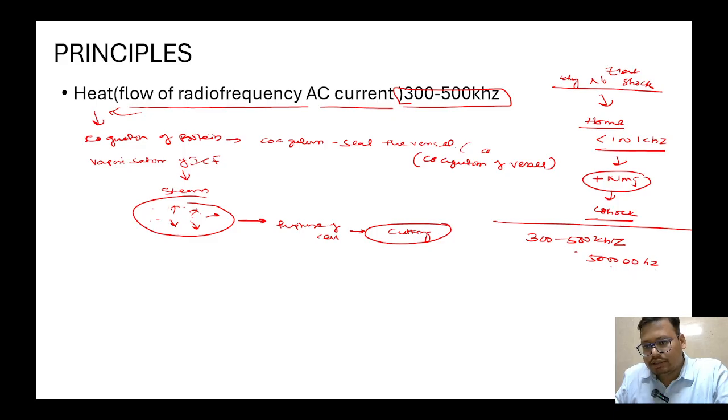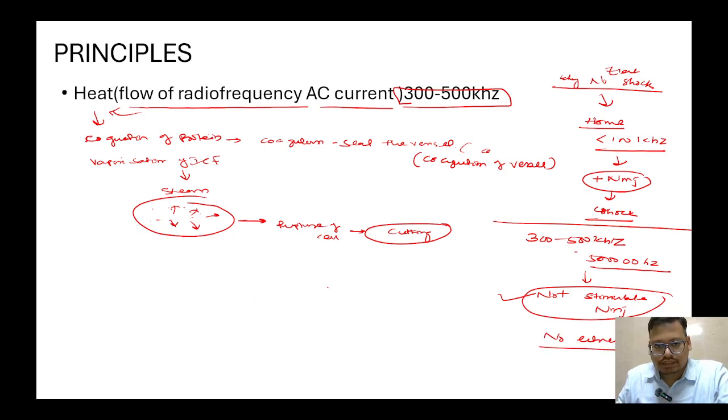At this very high frequency, it will not stimulate the neuromuscular junction, so there is no electric shock from this generator. If the electrosurgical generator is cheap or low cost, it comes around usually 8 to 10 lakhs. If it is low cost, it may give shock because they do not maintain this frequency.